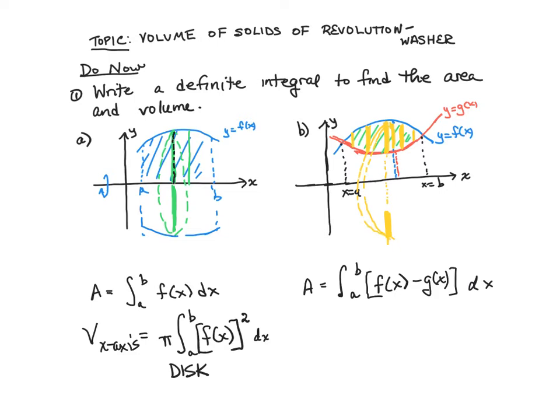The same is true for the bottom. So this is a thickness of delta x, and this is a thickness of delta x. And then we rotate it back.